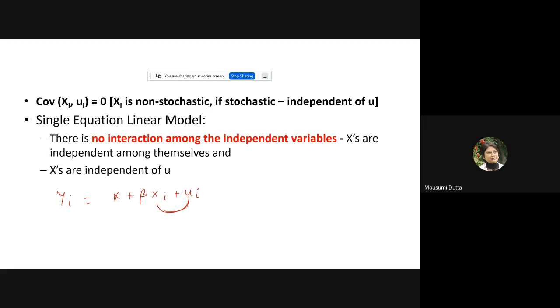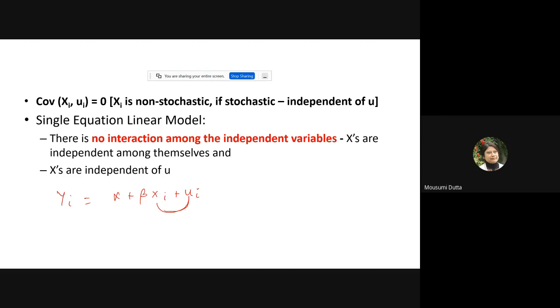Next, however, non-stochasticity of xi is not the necessary requirement to have covariance xi ui is equal to 0.